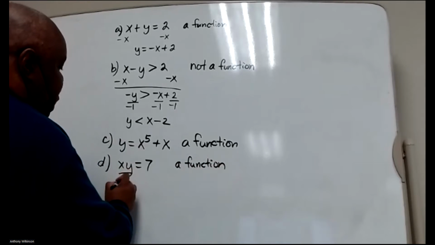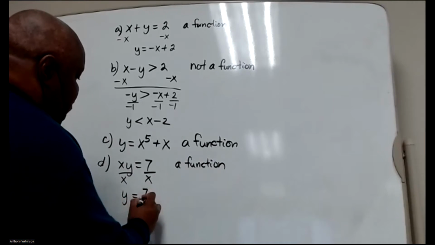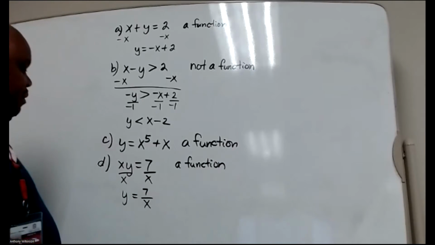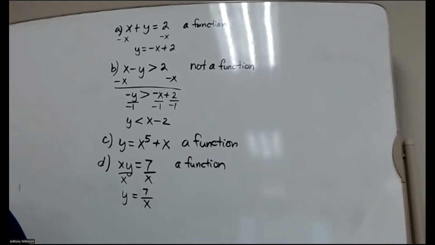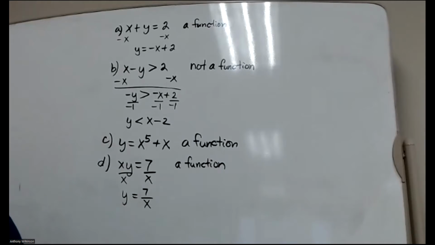By the way, if you try to solve for y by dividing both sides by x, as long as x is not equal to 0, it's going to be y equals 7 over x. Because if it was 0, then it would be undefined. But it gives you the restriction where x is not equal to 0.